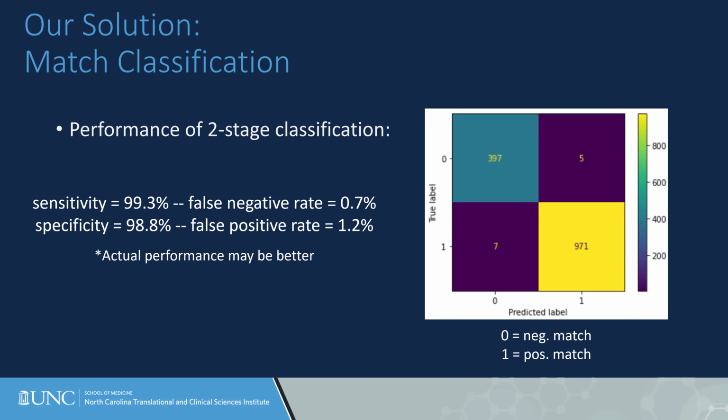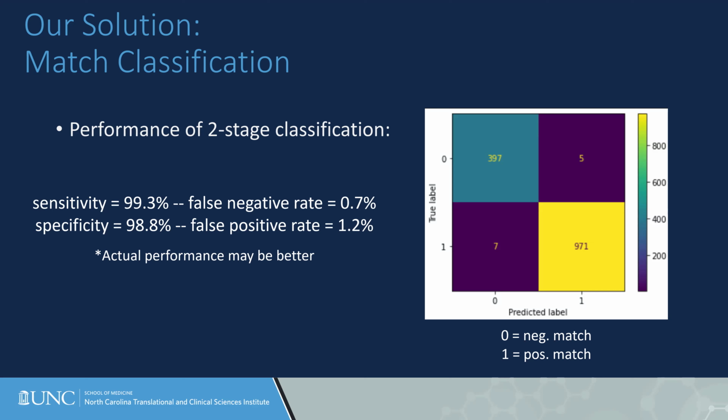What we can see here is that sensitivity and specificity are both hovering around 90%. Another way to say that is that our false negative rate, that is how often we are missing a match between a patient and a state death record that we should be finding, is about 0.7%. And our false positive rate, when we're matching patients with death records when we shouldn't be, is about 1.2%.